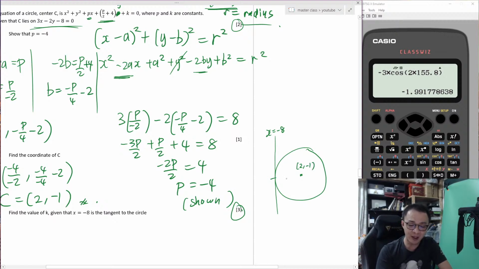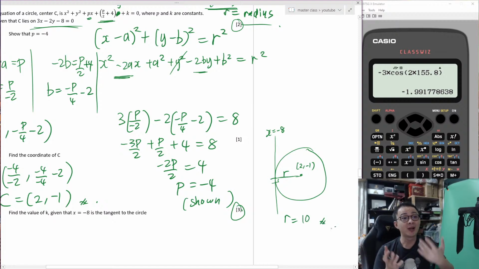Because from the center the tangent point is 90 degrees, right? So I can easily get my r here. My r is basically from 2 to negative 8. So my radius is 2 to negative 8, which is 10 units.